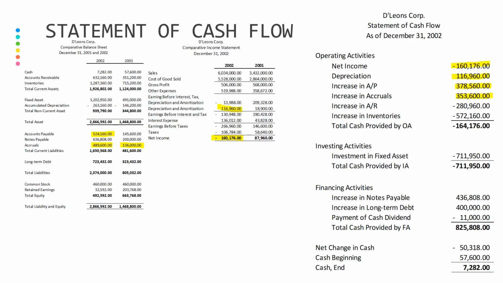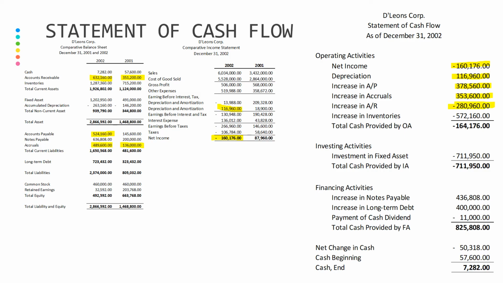And for the current asset, when there is an increase in the current asset, the company is utilizing its cash. So basically, that is a cash outflow. So when there is an increase in accounts receivable, 632,160 less 351,200, it has an increase of 280,960.